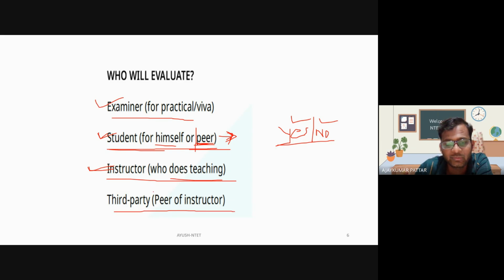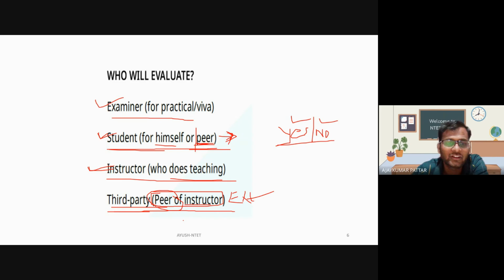Peer of instructor means the teacher usually calls his classmates or batchmates his peers. In external examination, third party evaluation, the instructor will call the examiner his peer or friend. Generally the external person is a peer of our instructor, our teacher. That is the concept.